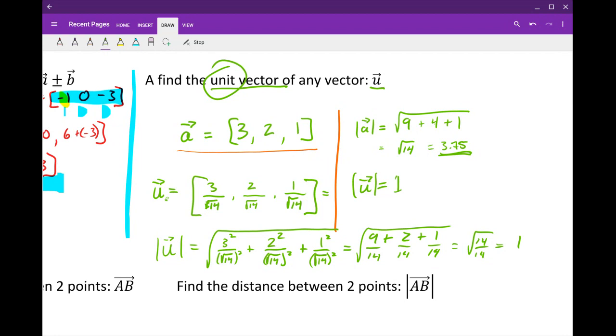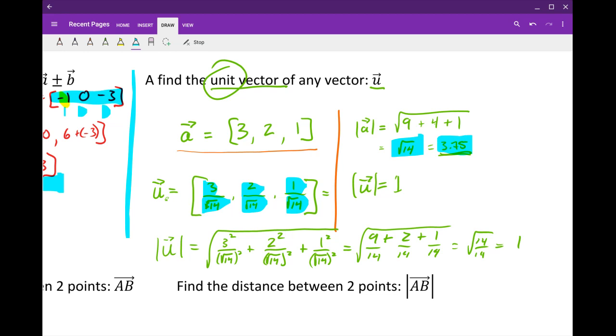So notice what we did there: we took this vector A, figured out its magnitude, root of 14, and divided it by its own magnitude, every component, basically. As a result, we've taken something that's 3.75 long and divided it by 3.75, and made it length 1.